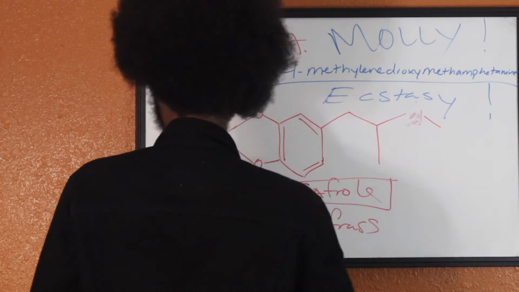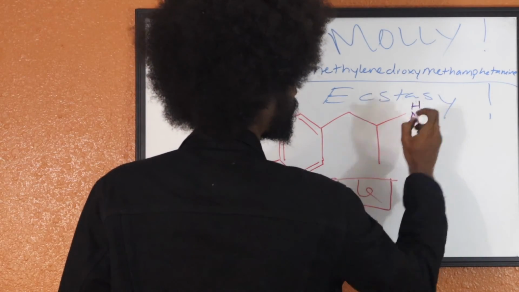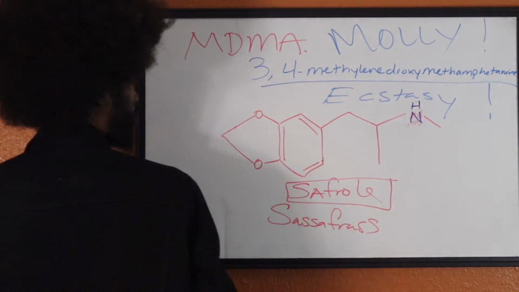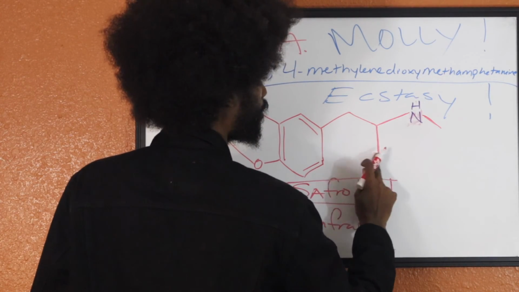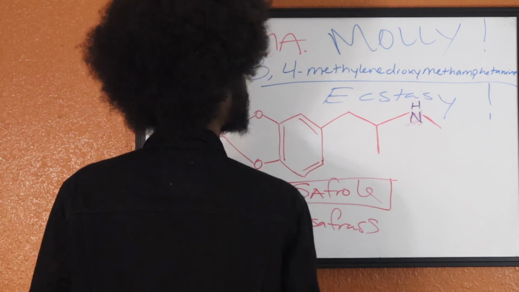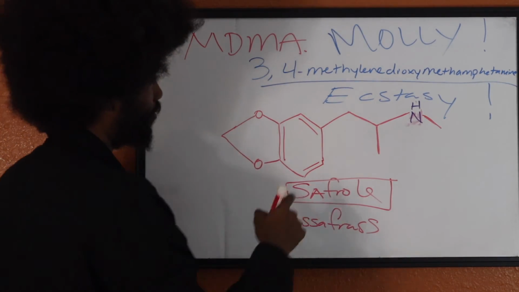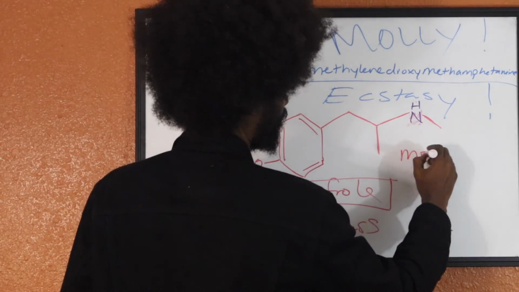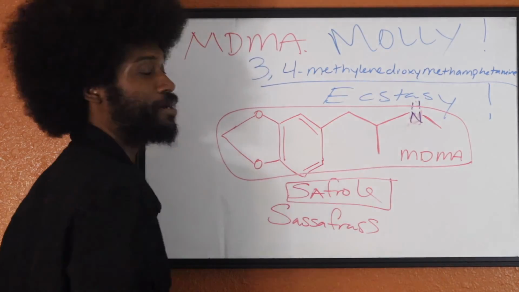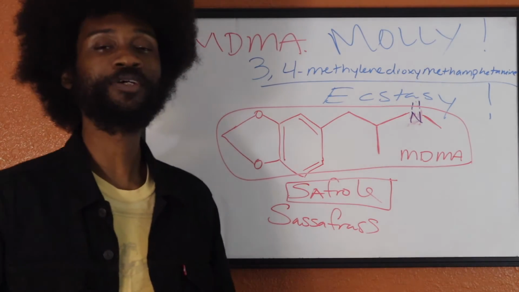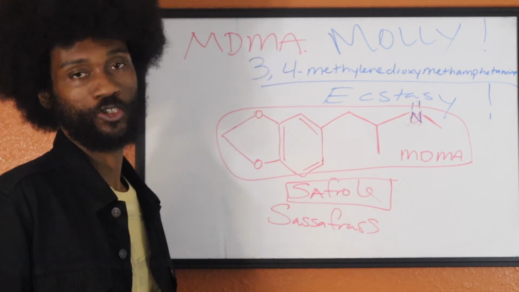Let's put a nitrogen, you know, a little amine group right there. And now you have, now this is MDMA. Just by making that change, which is a couple steps with some metals and a couple chemical reactions and everything like that. But they utilize safrole in order to do this.